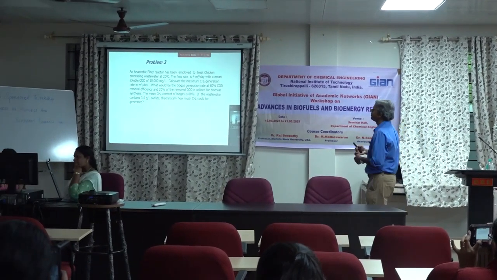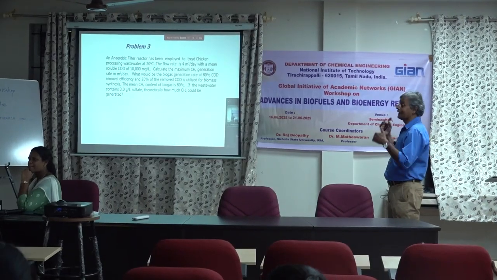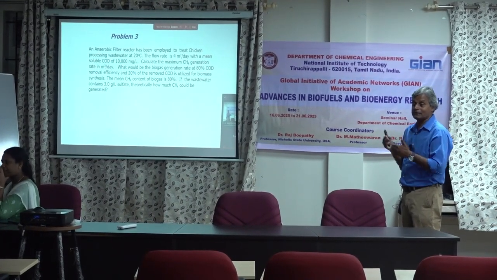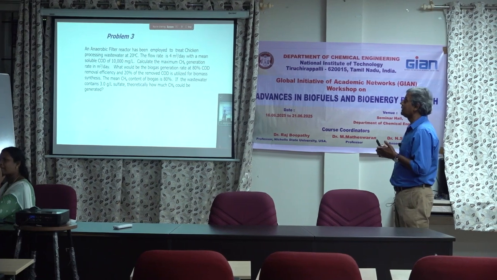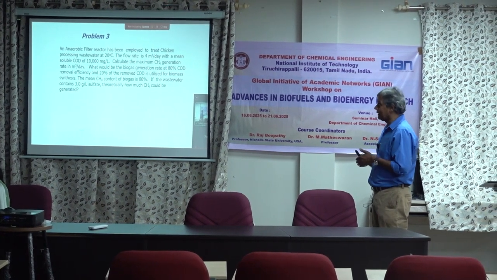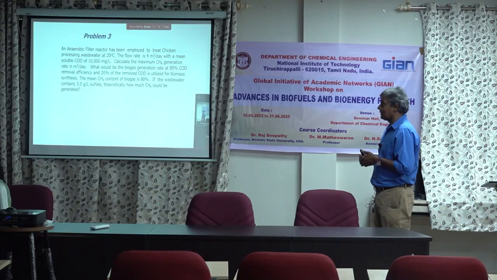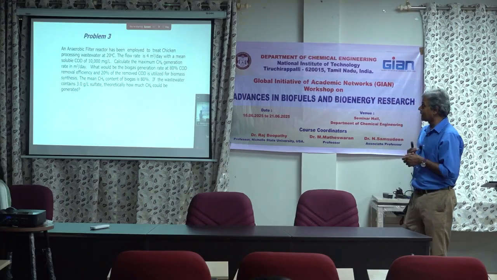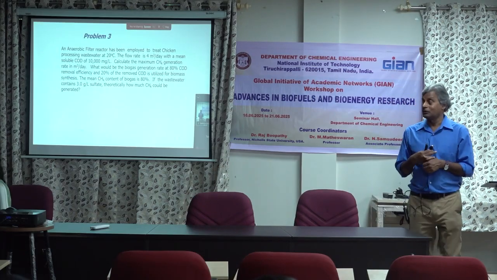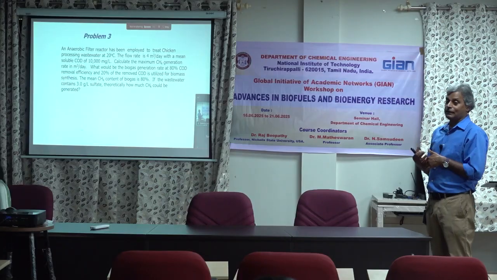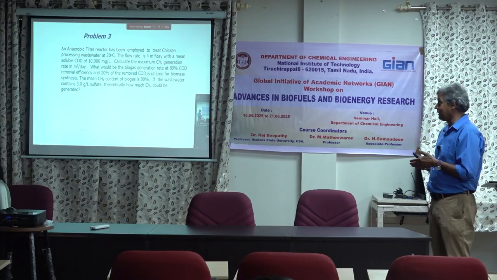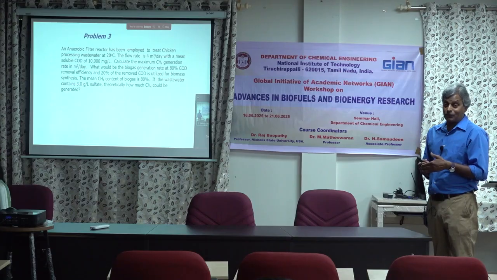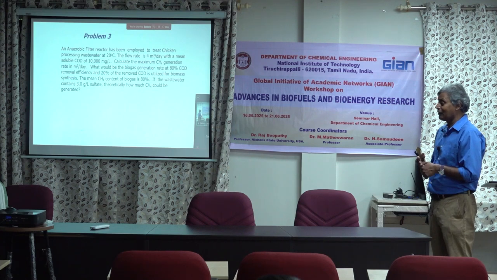The flow rate is 4 cubic meter per day with a mean soluble COD of 10,000 milligrams per liter. Calculate the maximum methane generation rate per cubic meter per day. What would the biogas generation rate be at 80% COD removal? I put that 20% goes to biomass production, more bacteria is produced. And then if there is sulfate in it, 3 gram of sulfate, what should your methane be? Once everybody took a screenshot, we go back to tutorial 1 and you follow the steps.